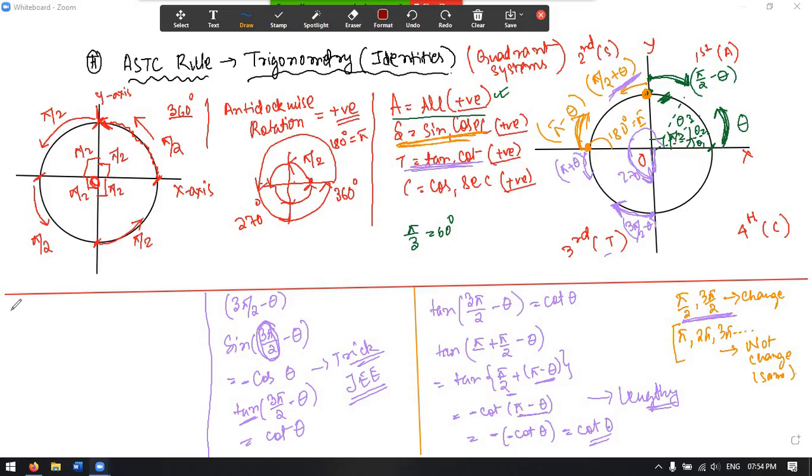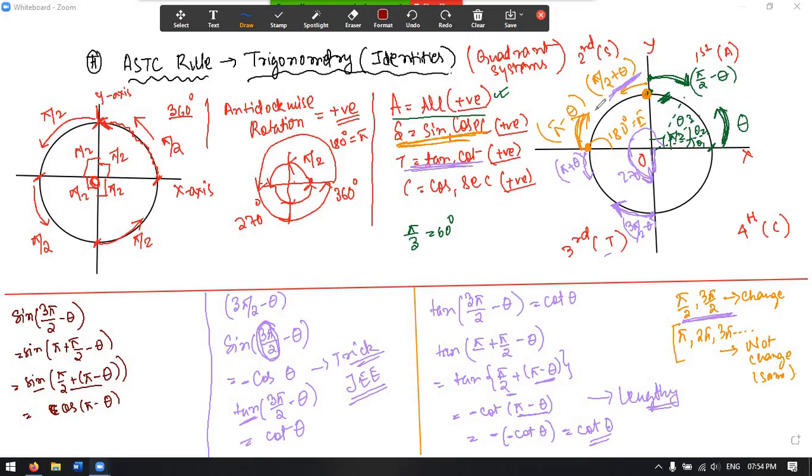Let's say sine of 3 pi by 2 minus theta. It will be sine of pi plus pi by 2 minus theta, so sine of pi by 2 plus pi minus theta. Sine will be converted to cos of pi minus theta.